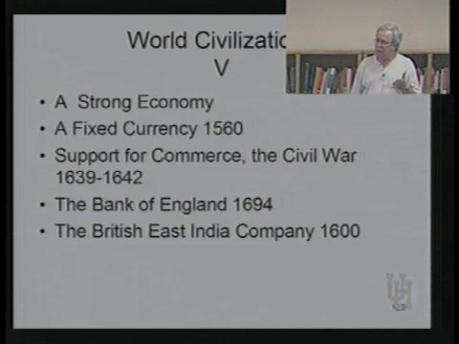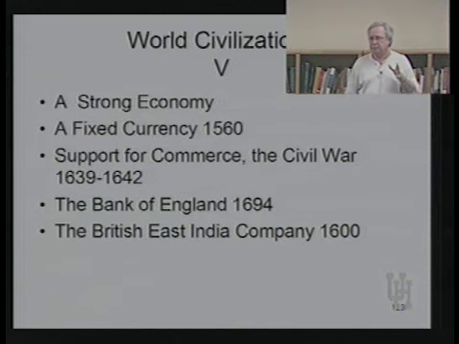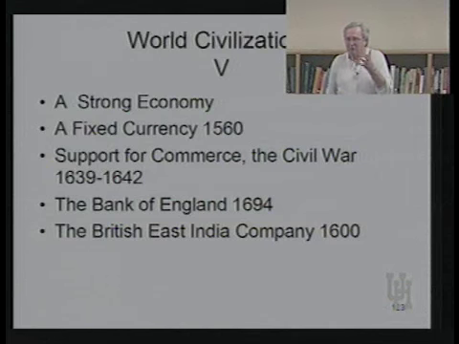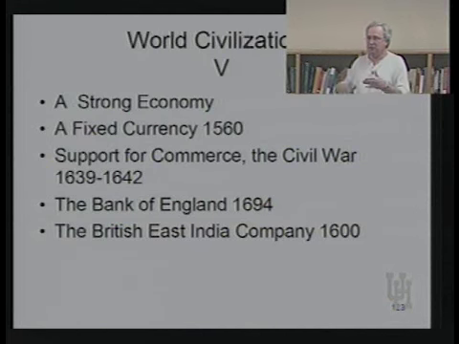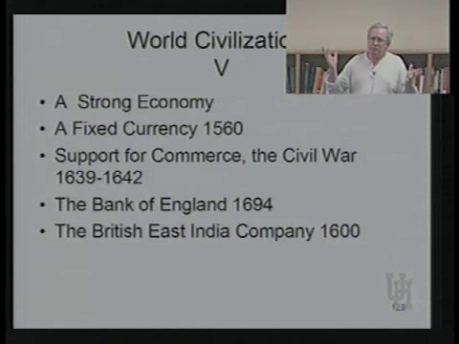Something else that the British did to help consolidate that economy was to create a fixed currency in 1560. Okay, so you got money and you said this is the British pound or whatever. This is extremely important. In the early modern world, currency was, well, not very current.